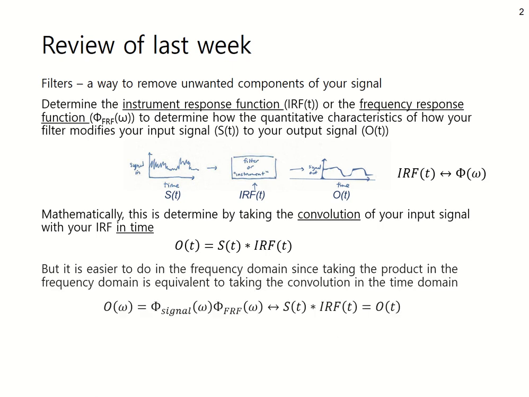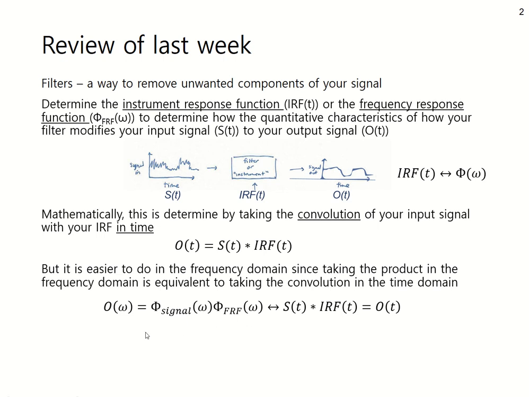So that's all in the time domain, and doing convolution in the time domain is a little bit more difficult. At the end of the lecture last week we talked about that if you do a convolution in the time domain, it's equivalent to the Fourier transform of taking the product of those two signals in the frequency domain.